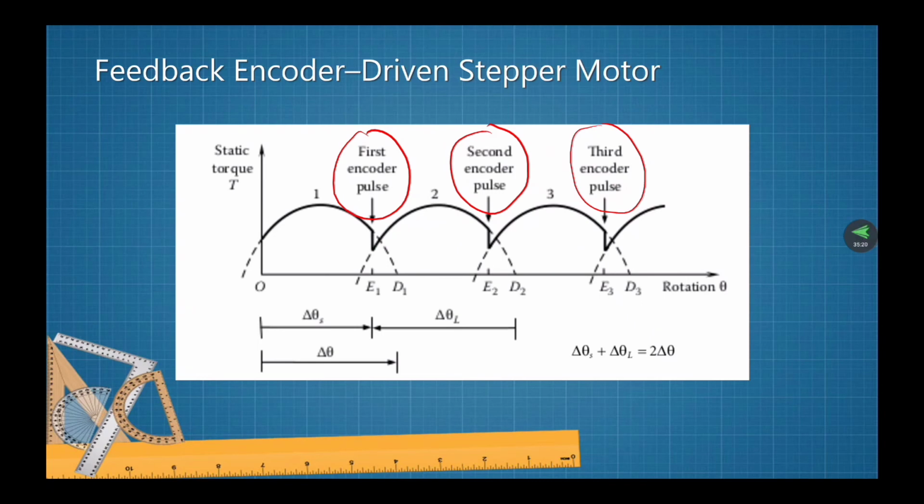And we can get Δθs plus Δθl is equal to 2Δθ, where Δθ is the step angle.